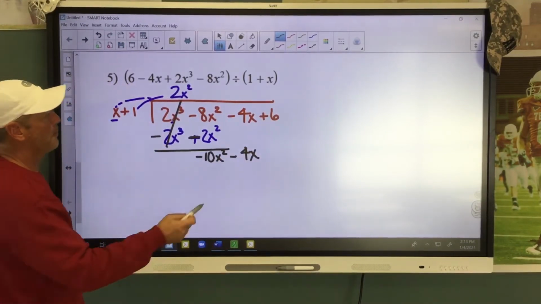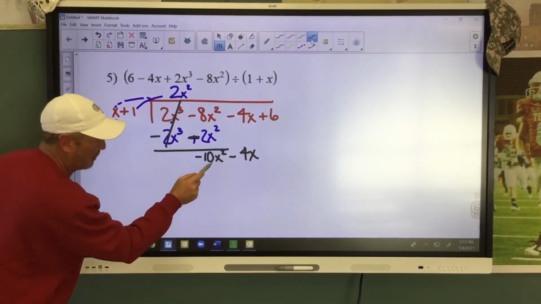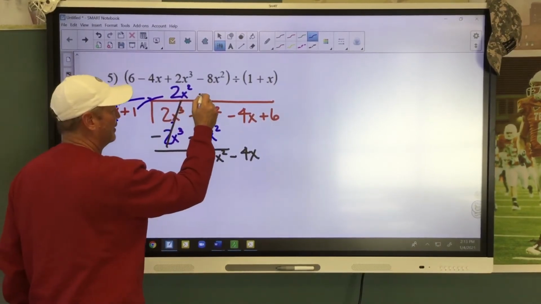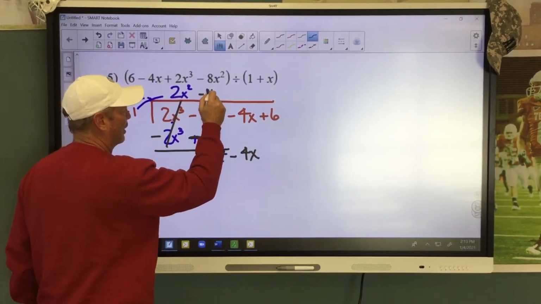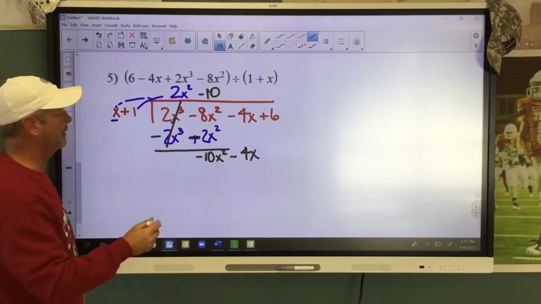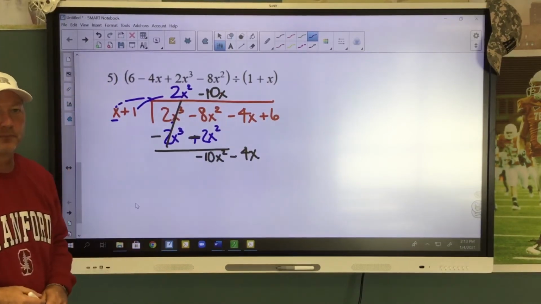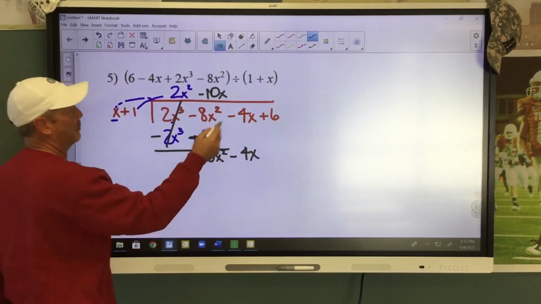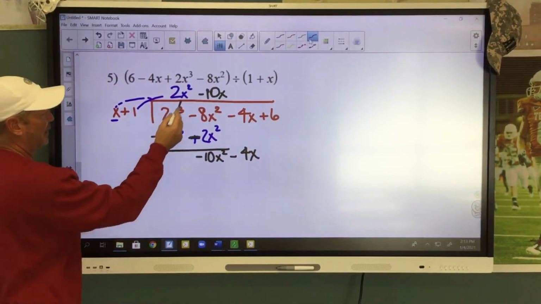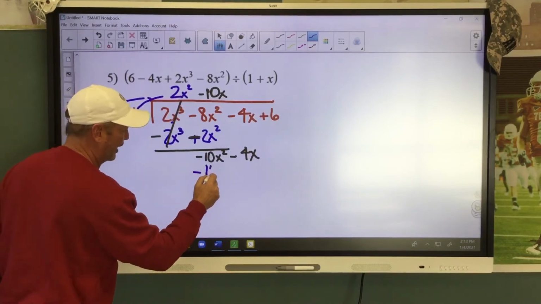Now, remember, we want this to match that. So we're going to multiply times negative 10. And I'm going to have to go x times x to get to x squared. I distribute backwards. Negative 10x times x is a negative 10x squared.